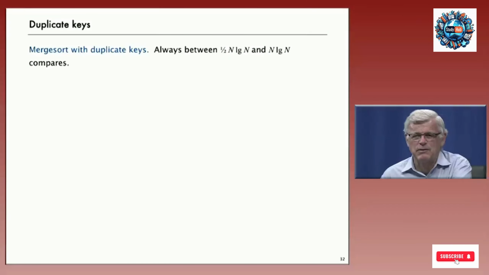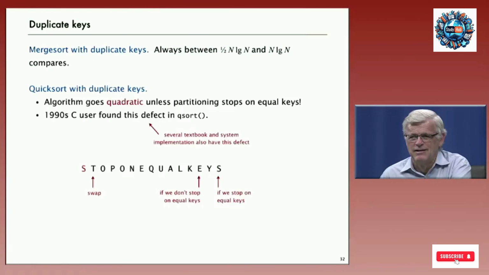So merge sort, it doesn't matter that much what the key values are like. Actually, we can show that merge sort always uses between 1/2 n log n and n log n compares. Quicksort, up until the 1990s, the most widely used implementation took quadratic time for files with large numbers of equal keys.